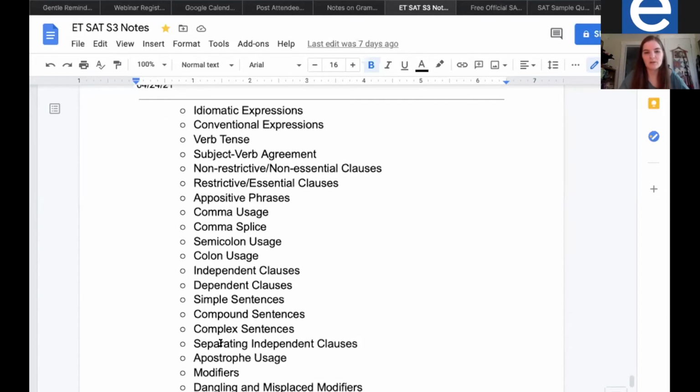That's a simple explanation for it right now. We'll get into more technical terms later. Conventional expressions, so dealing with writing conventions, editing conventions, all of that is in here. Linguistic, language conventions, all in there, okay?